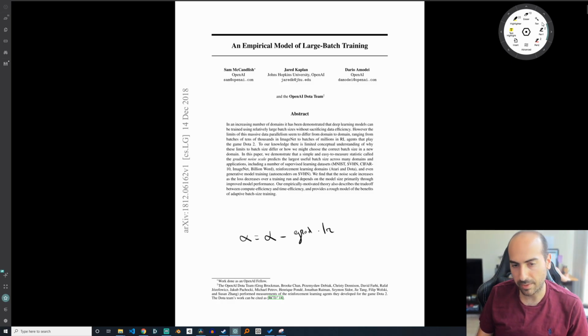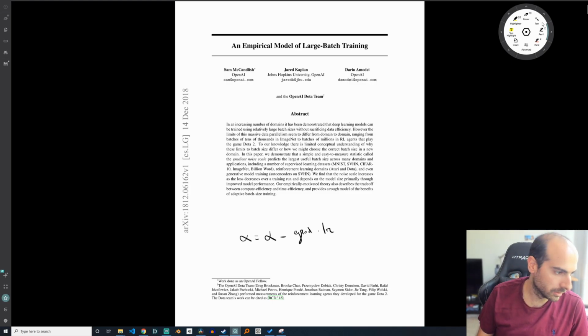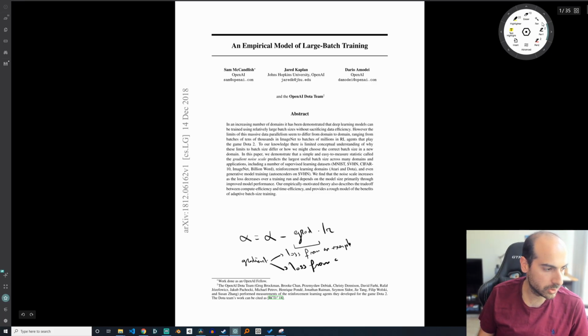This is typically how you would update the weights of your model. But the question now is, this gradient can either be based on a loss from an example or a loss from a batch, so from a whole bunch of examples.